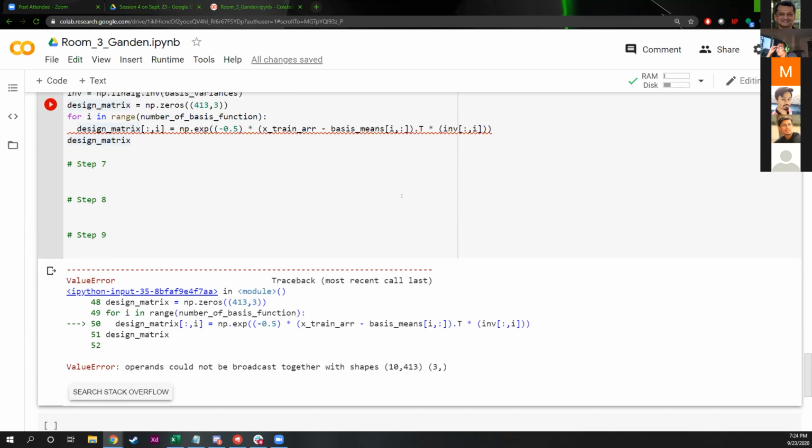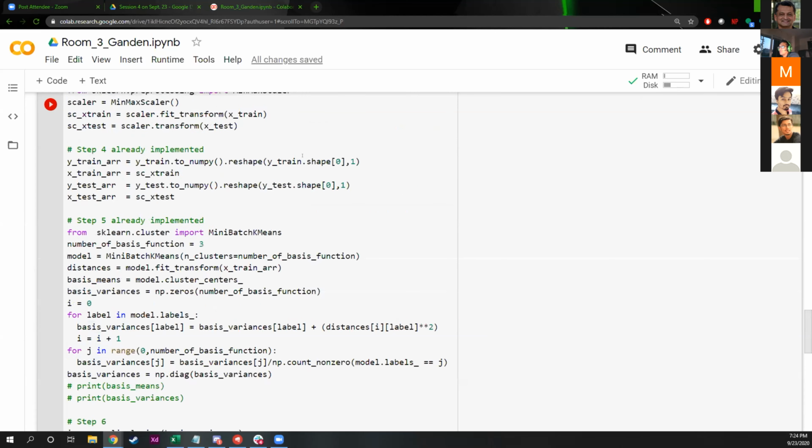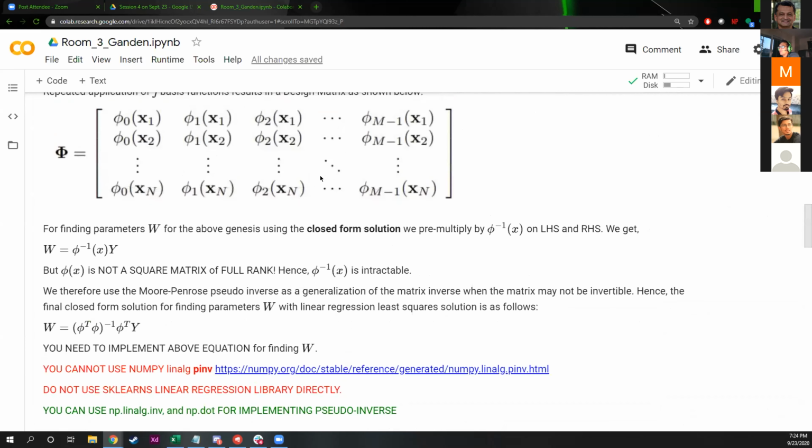Basically, for the second part, we are supposed to multiply it again by x underscore train array minus basis means. So he said we are supposed to again do the x minus mu thing after the inverse. If you see the formula, it is the inverse of spread, but after that you have another parameter, x minus mu again.